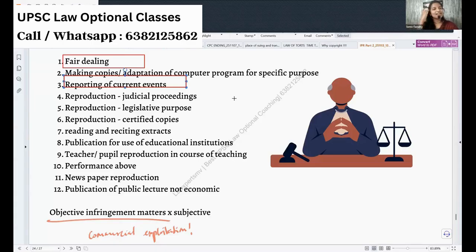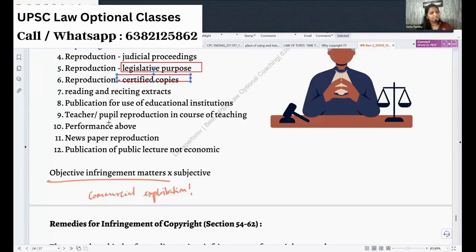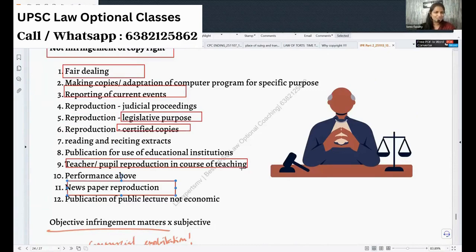No, current events reporting cannot be copyrighted. Next, reproduction in judicial proceedings, legislative purpose, certified copies is protected. Reading, reciting for pupils, teachers is protected, and newspaper reproduction is also protected. So these are the exceptions. If you write some 6 to 7 exceptions, that is totally enough.